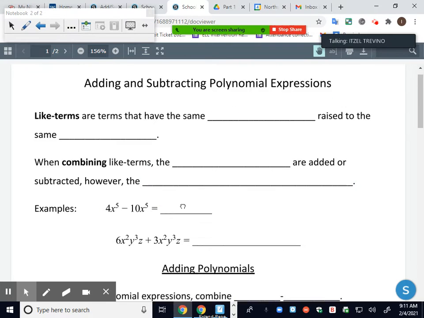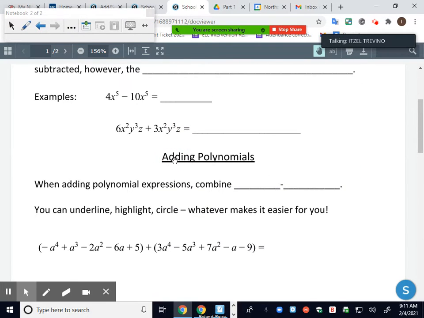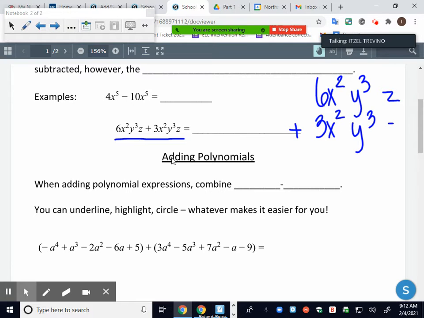So let's move this up a little bit and I'm going to rewrite this on the side so we can see it a little better. Okay, so I have 6x squared, y cubed, and z, and we're adding 3x squared, y to the third, and z.